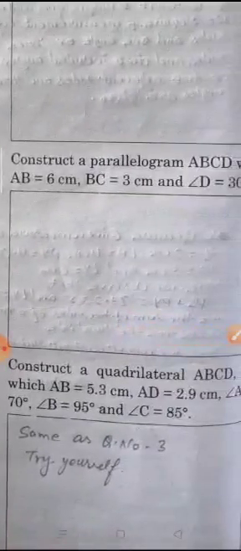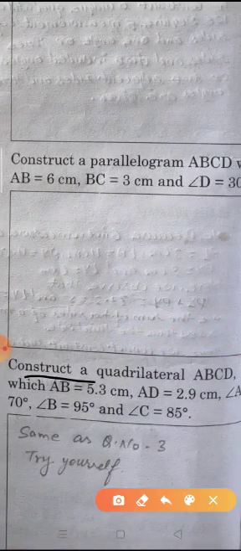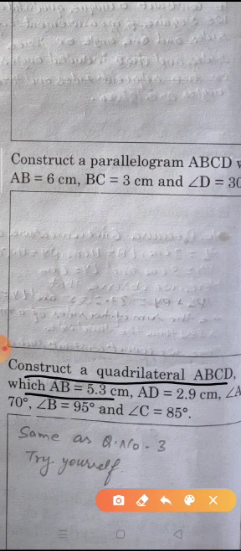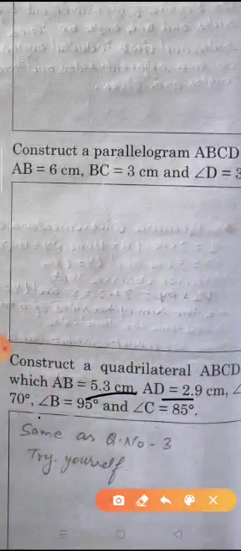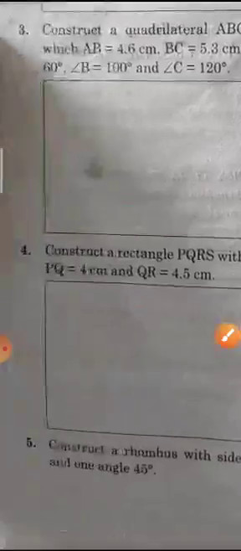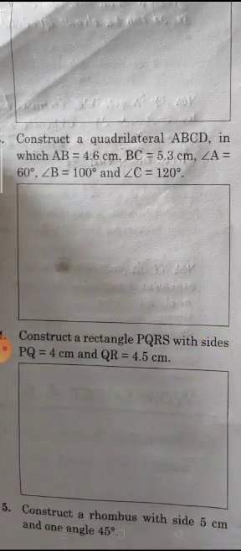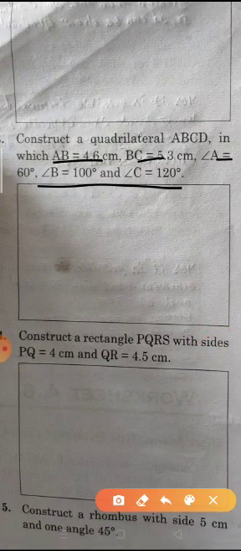Question number 8. Students, construct a quadrilateral ABCD in which AB is equal to 5.3 centimeters, AD is equal to 2.9, angle A 70, angle B 95, angle C 85. Students, this question is the same as question number 3. Two sides and 3 angles are given. In question number 3 also there are 2 sides and 3 angles, and only the angles and side measurements are changed.